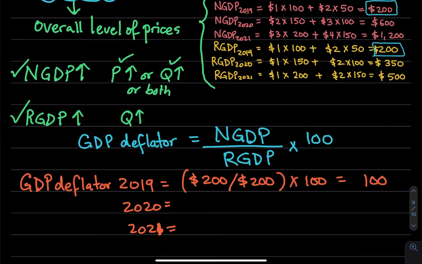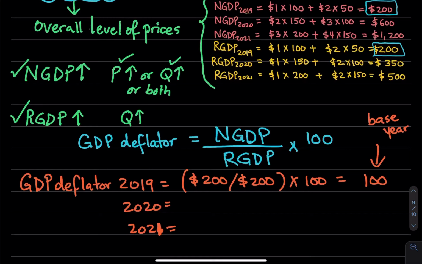Now remember that since 2019 is our base year, the GDP deflator is always going to take a value of 100, because nominal and real GDP perfectly cancel each other out.